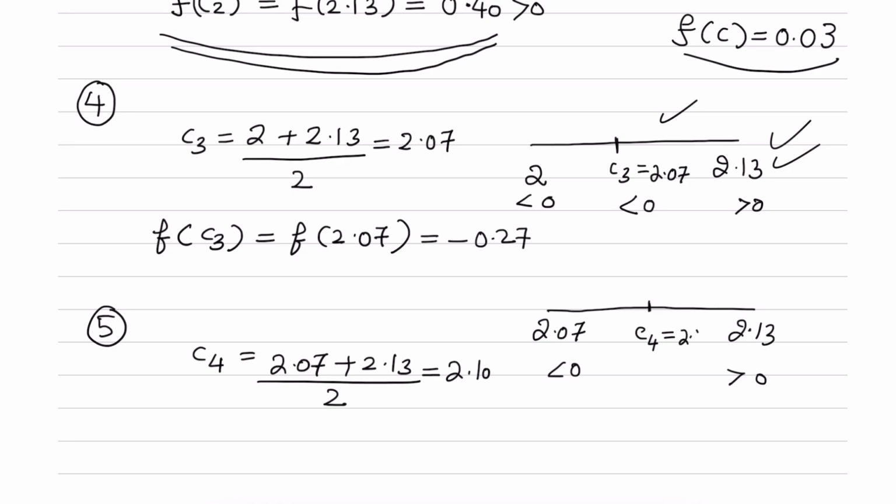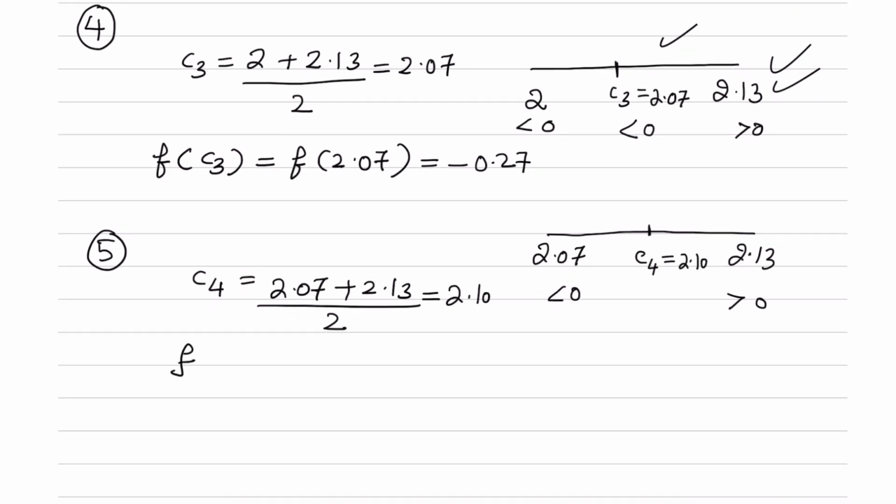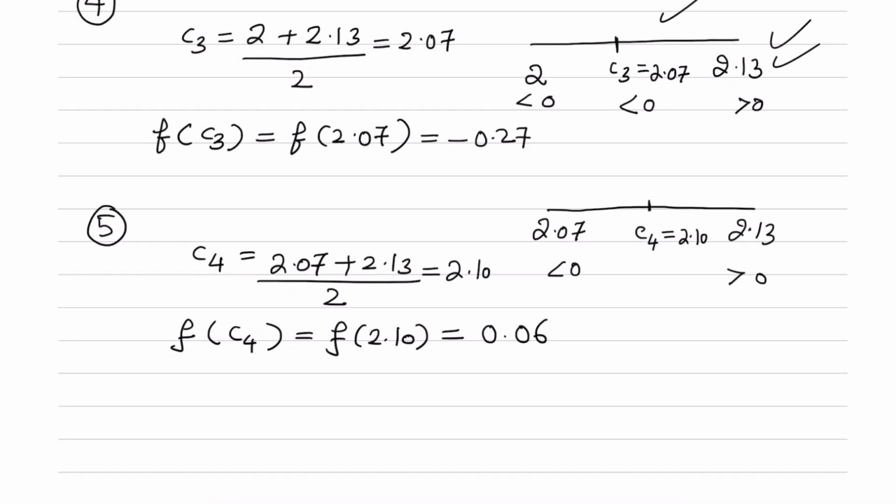Every time you bisect an interval, you find the value of the function at that point, f of 2.10, and you will see in your calculator it is 0.06.